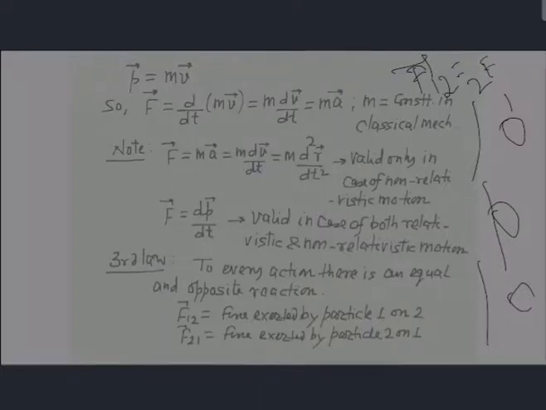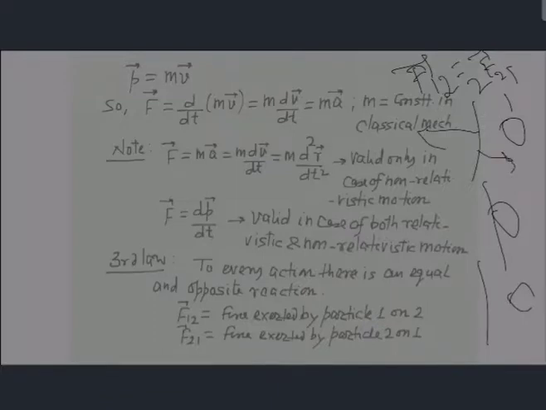So physics says that whatever force 1 has applied on 2 and whatever force 2 has applied on 1, they will be equal and opposite. For example, 1 applies a force on 2 in this direction and 2 applies a force on 1 in this direction.